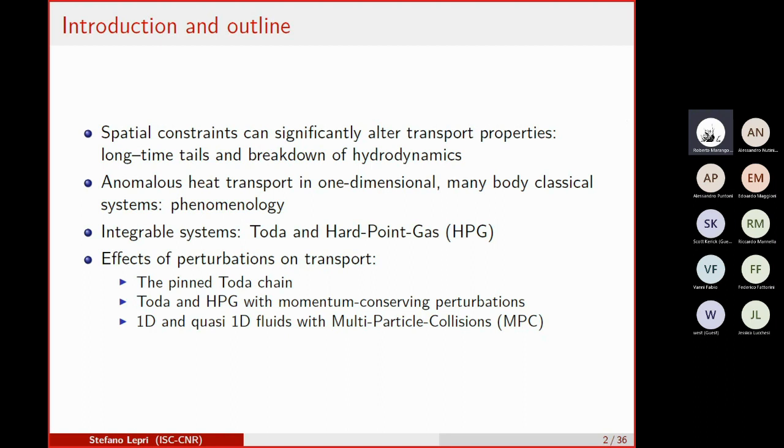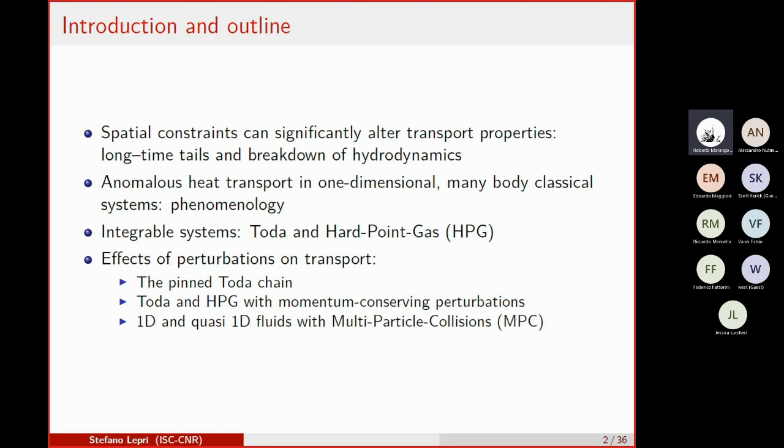The motivations for this type of studies are very many. I just summarize the main findings of many years of research that I did together mostly with Antonio and Roberto. The idea is that when you study these nonlinear lattices in reduced spatial dimension, for example, one dimension, typically you observe violations of standard diffusive processes, like, for example, the famous Fourier law.